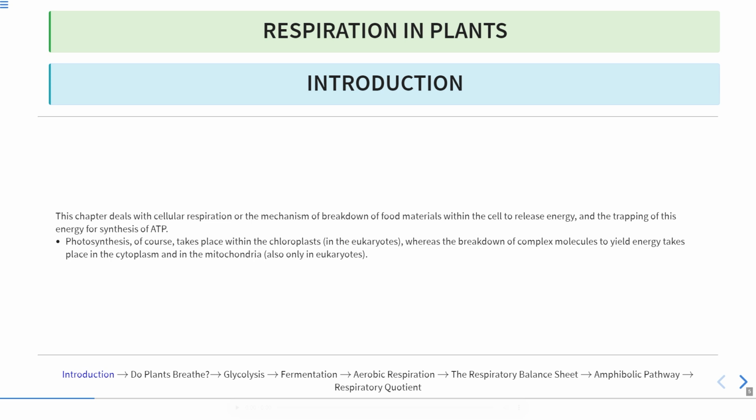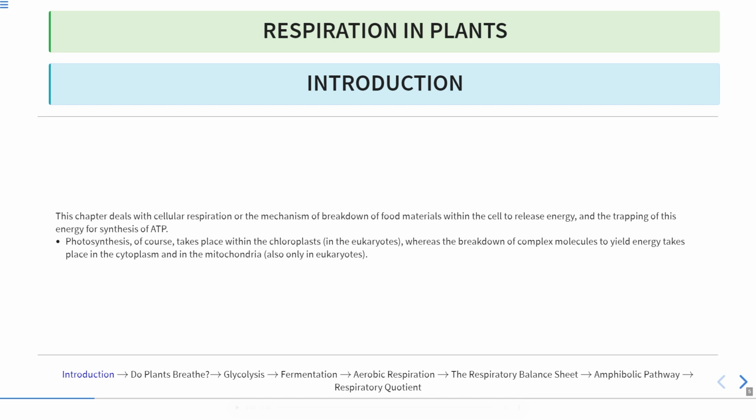So this chapter deals with cellular respiration, or the mechanism of breakdown of food material within the cells to release energy. So in this chapter, what are we going to discuss? We are going to discuss cellular respiration. It means that whether it is plants or animals, how cellular respiration is taking place, right?